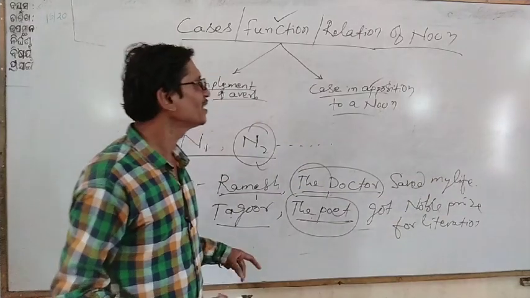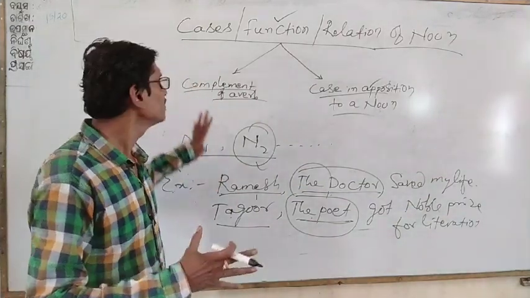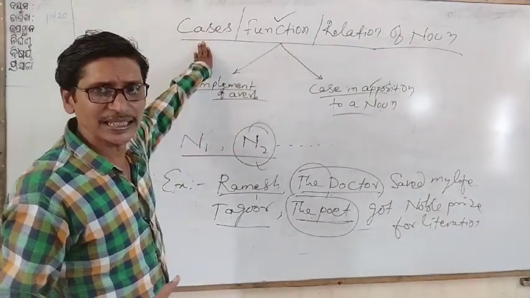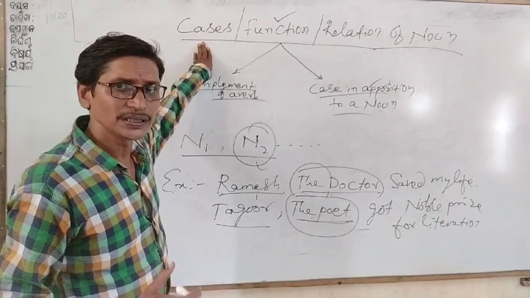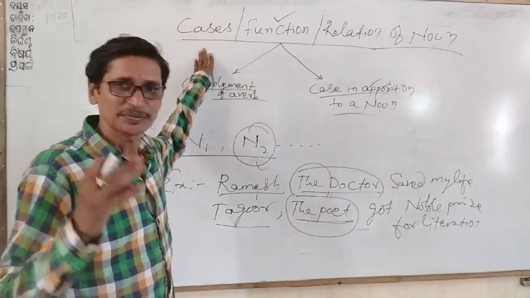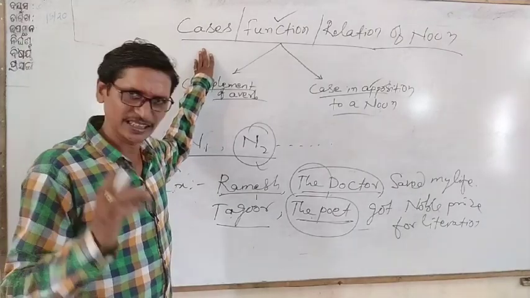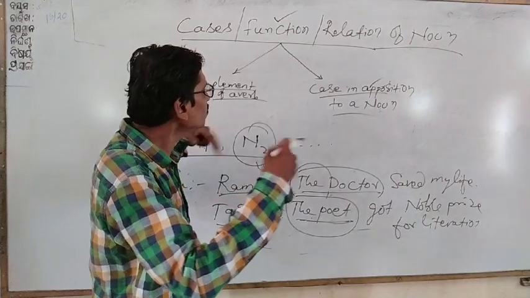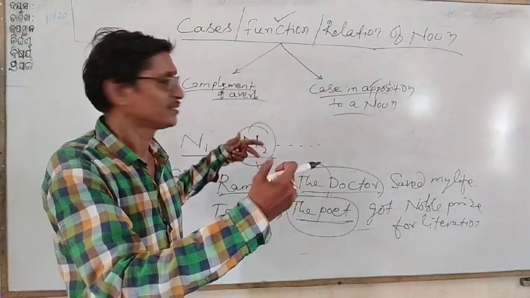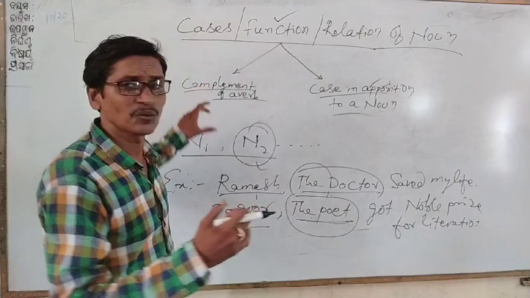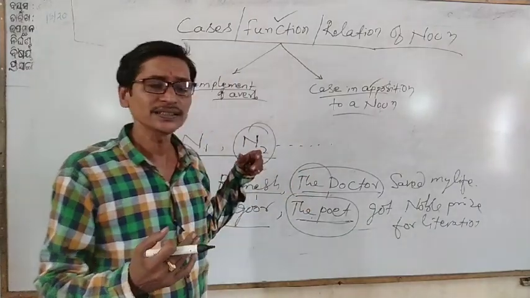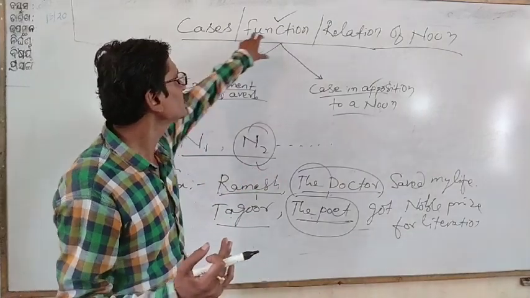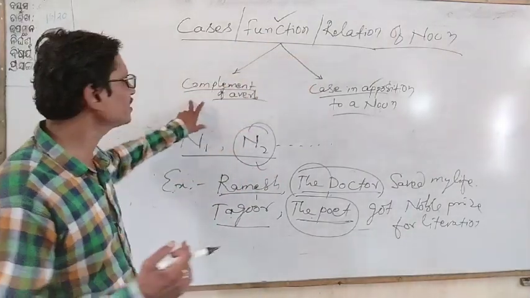So, in this case, we understood the different functions of noun. We understood the cases of noun. Different cases like subjective or nominative case, objective case, possessive case, and the other cases. Similarly, we discussed what is dative case, what is accusative case, and now we understood the functions of a noun.